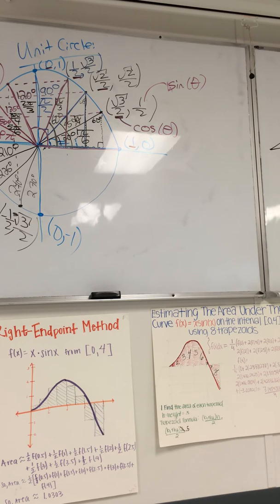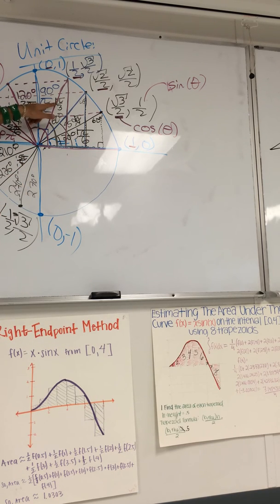And now the beautiful trick about the radians. All you do is say 6 plus 1, 7 pi over 6. For 225, 4 plus 1 is 5 pi over 4.